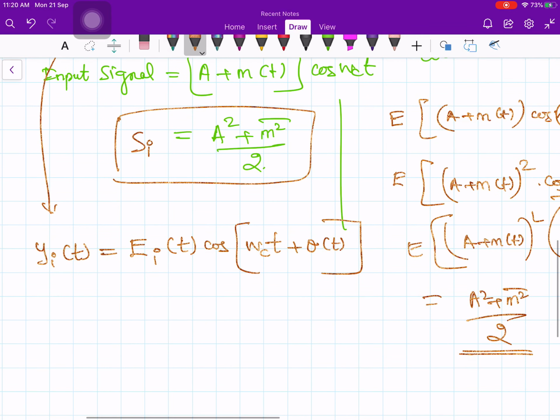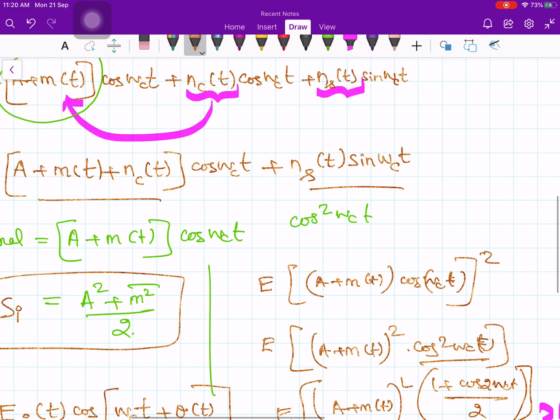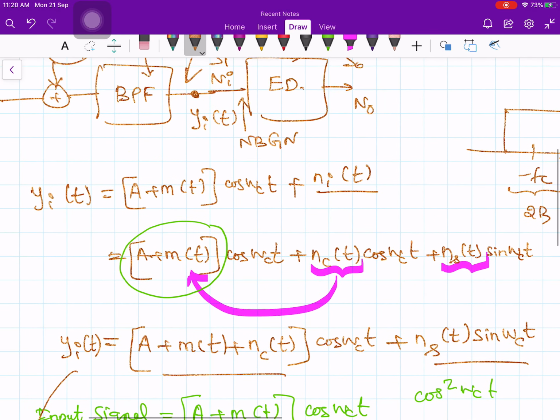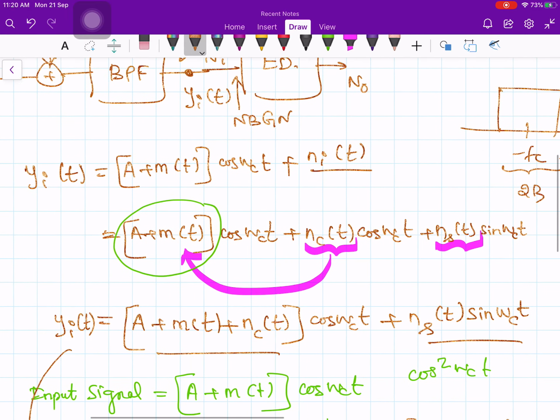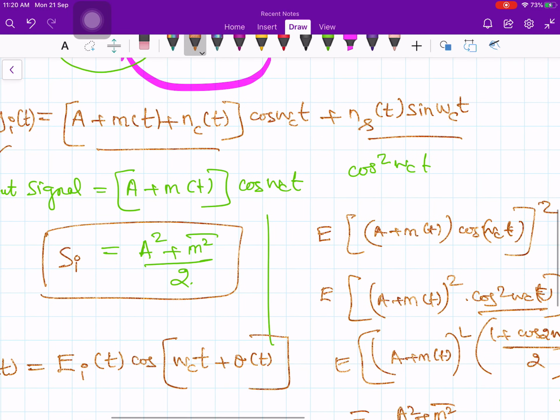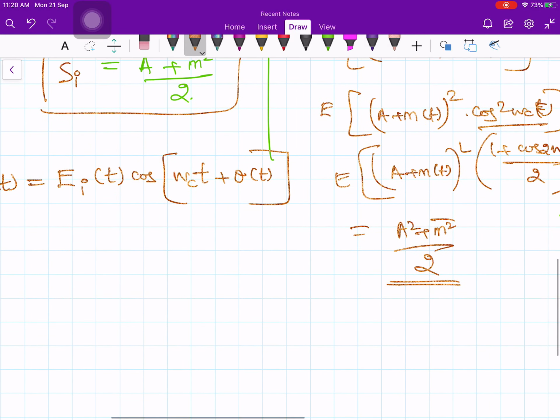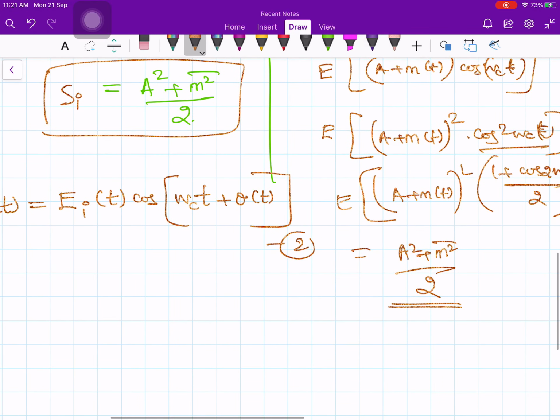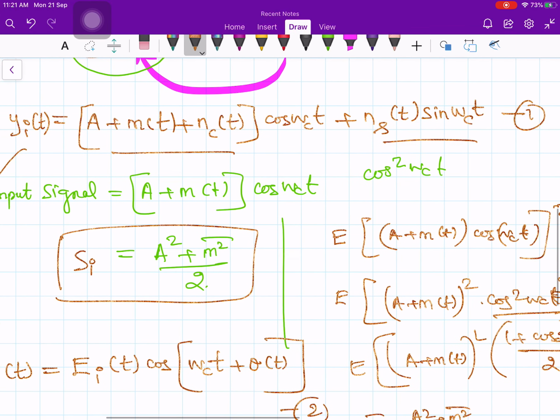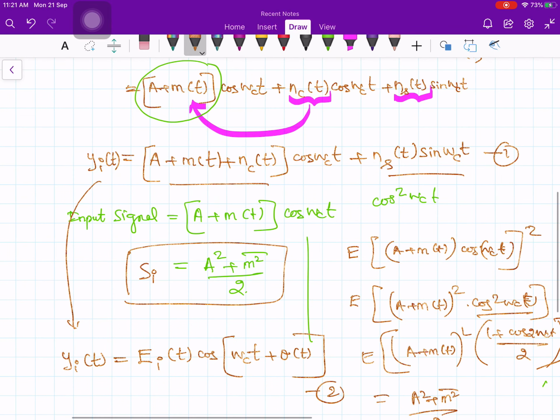I can always write it in this form using a trigonometric expression, where ei of t denotes the envelope. Let me call this equation 1 and this one equation 2. So equation 1 can always be written in terms of equation 2.